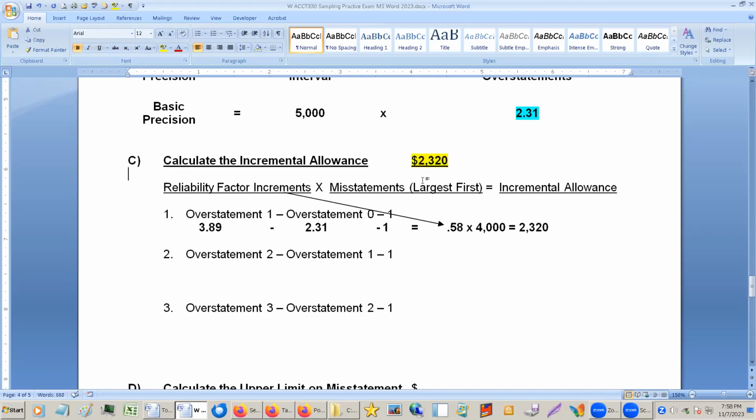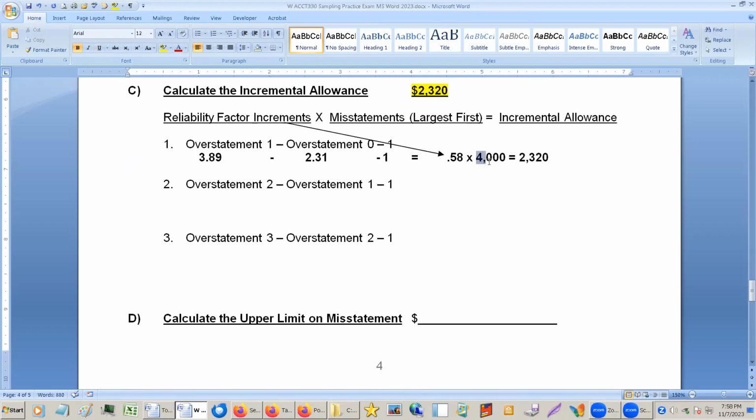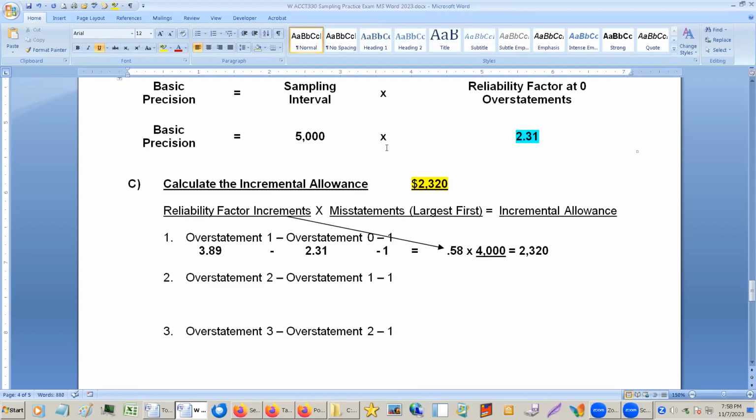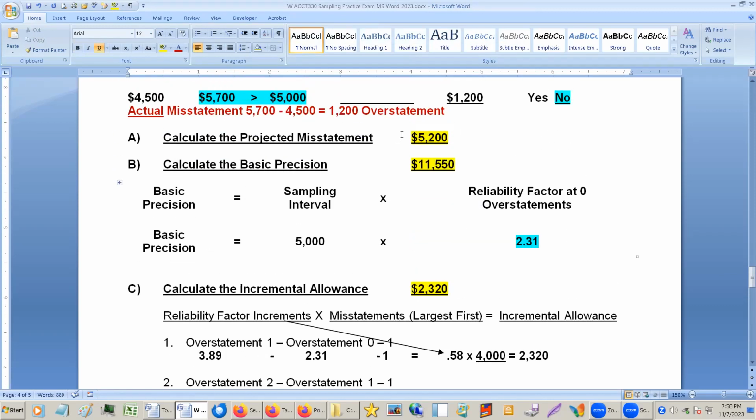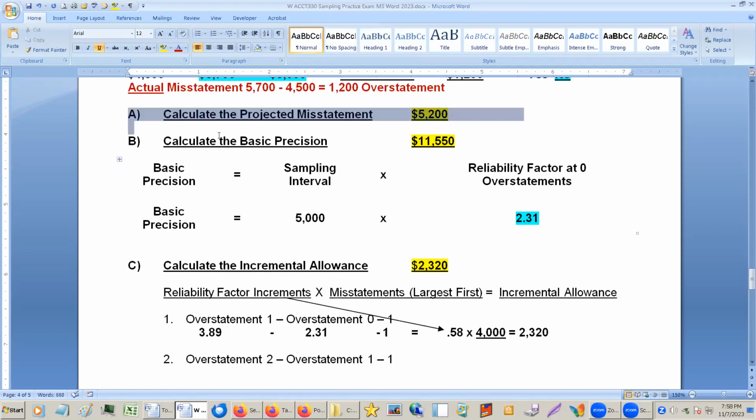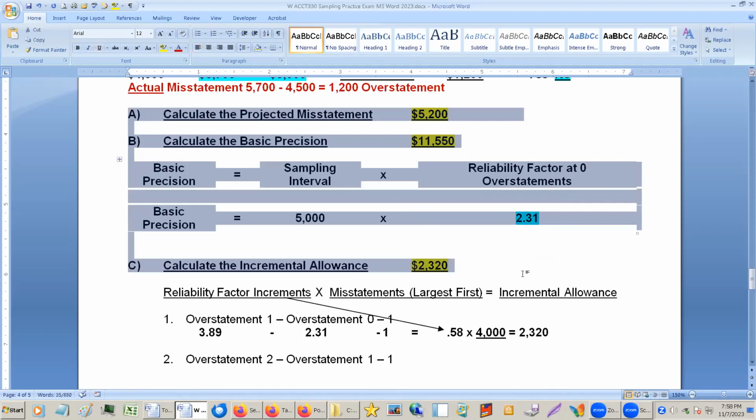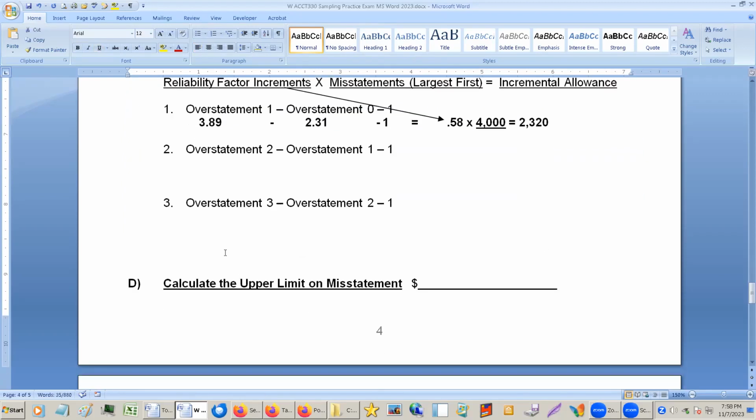So what we're saying, and basically what this means, is the size of the misstatement matters. If it's a large misstatement, that means that the misstatements could be larger. Okay, and all three of those together will be our upper limit.